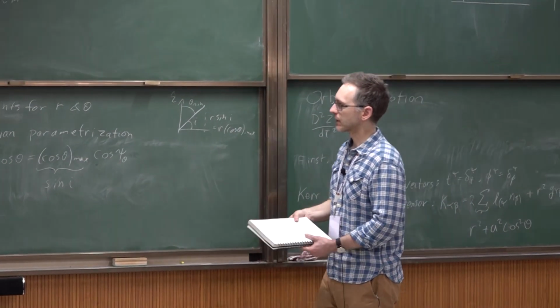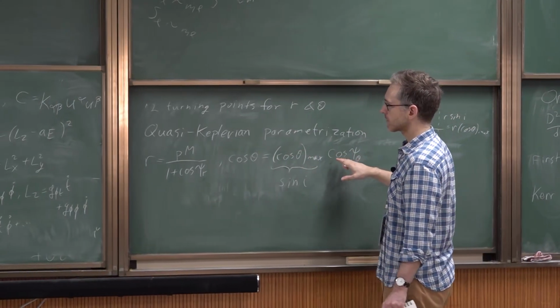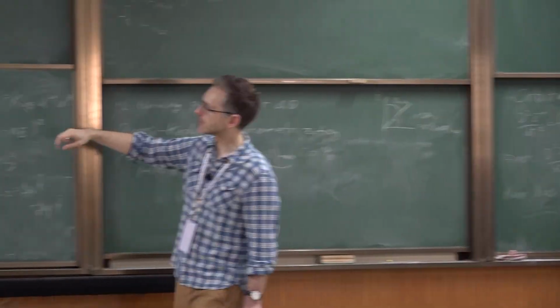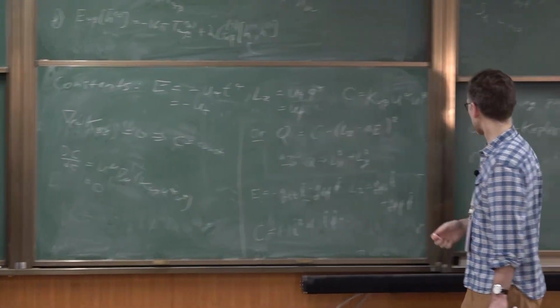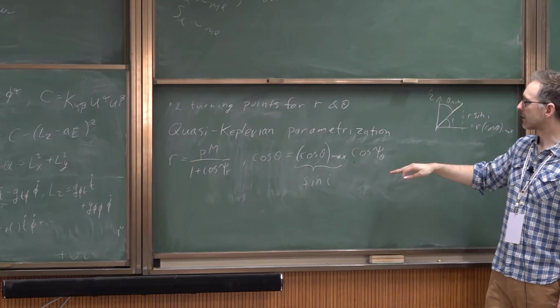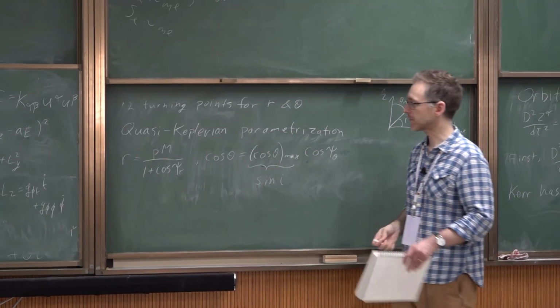Okay, so if I just take this as my ansatz and I throw it into all my equations over there, what I get is some non-trivial equations for d psi r d lambda and d psi theta d lambda.